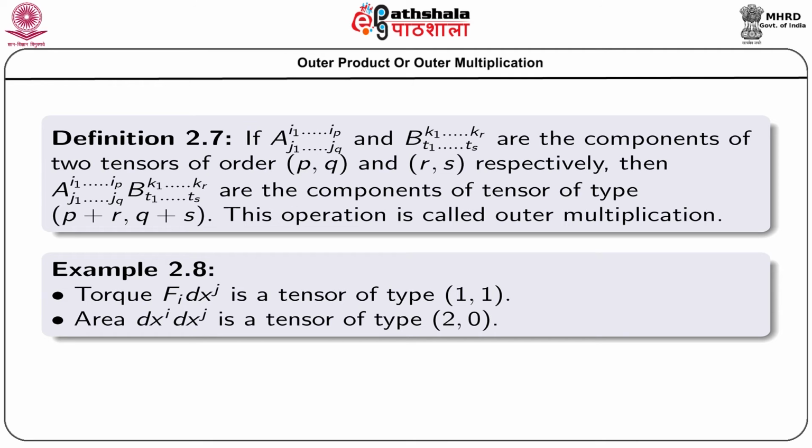Area, if I denote it as dxi and dxj, is a tensor of type 2, 0. So the outer multiplication means the components are written side by side and the tensor will be of type the sum of their types.